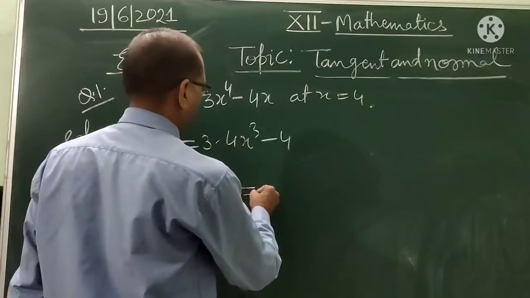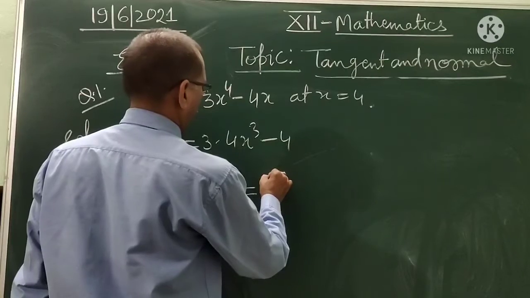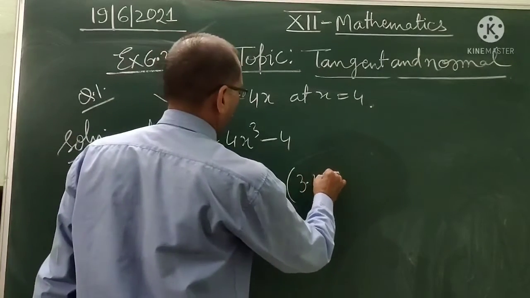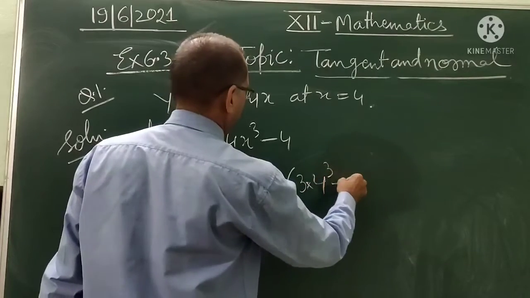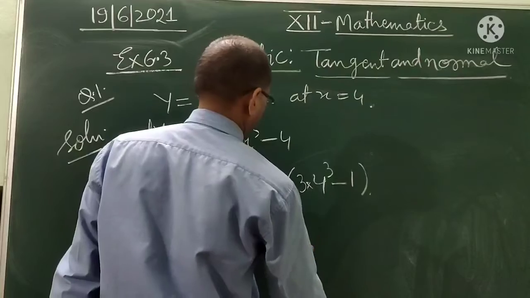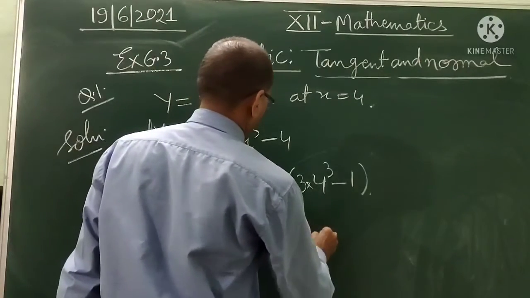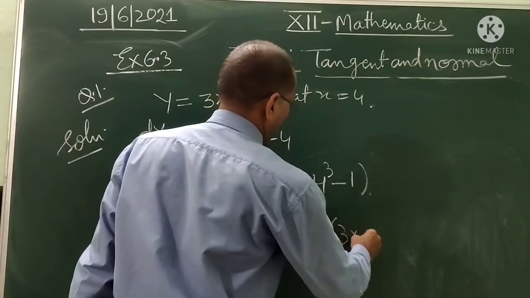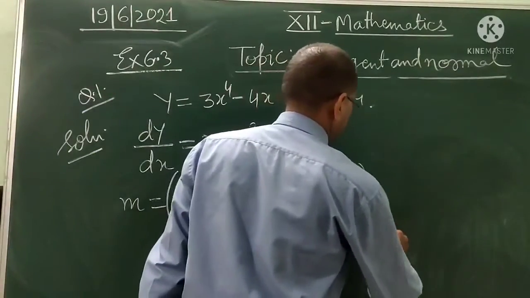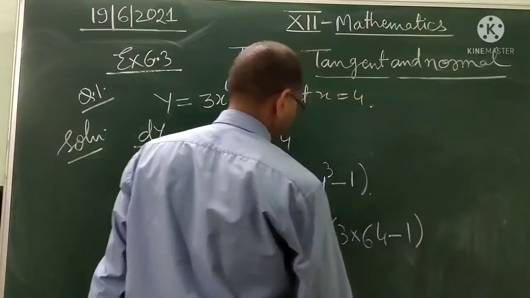Here 4 common, then it is 3 into 4 cube minus 1. Then 4 into 3 into 4 cube is 64 minus 1.